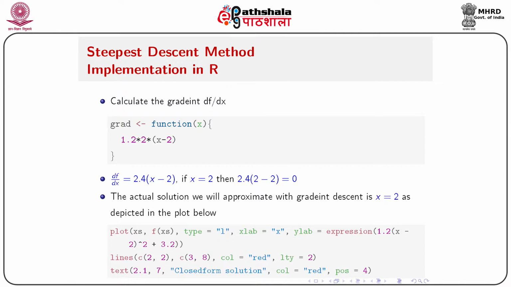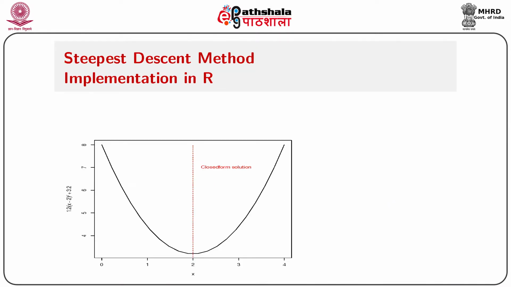The actual solution we will approximate with the gradient descent method is x equals 2, as depicted in the plot below. So on the earlier plot, we can draw a vertical dotted red line at x equals 2, where the solution is. That dotted red line indicates the solution of the function.